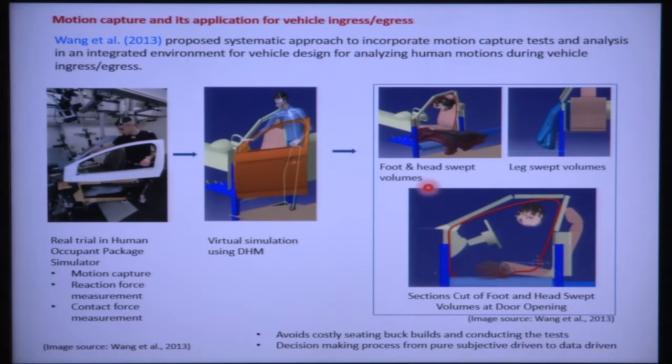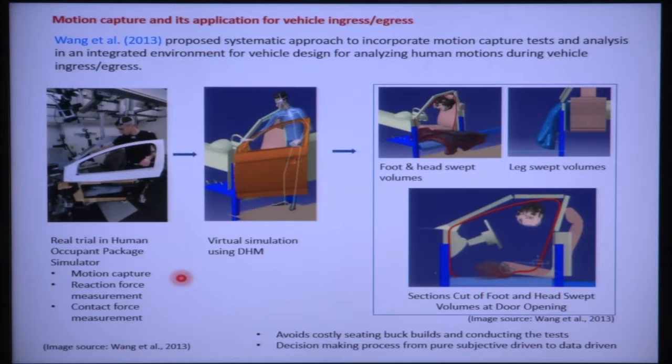Now, in subsequent slides, we will discuss various research papers where researchers have used digital human modeling software to study ingress egress, or to demonstrate how digital human modeling software can be used for effective analysis of ingress egress, and how vehicle design can be modified to ensure comfortable and easy entry and exit.